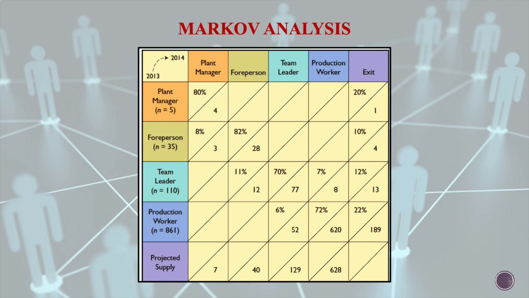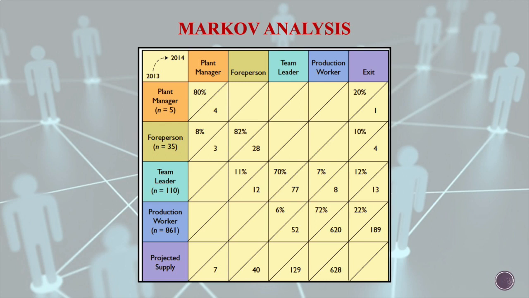The organization here can anticipate that 8% of the 4-person population, that means 3 out of 35 in 2013, can be promoted to the role of plant manager. In addition, the past trend shows that 10% of employees at this level are lost to turnover, who are expected to leave the organization.